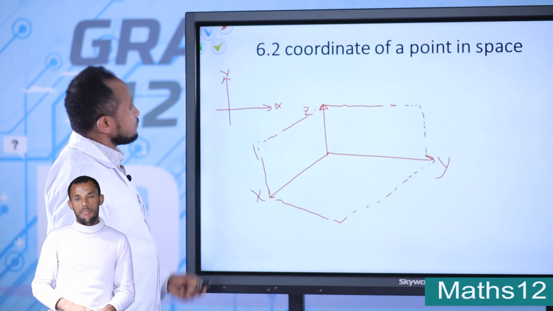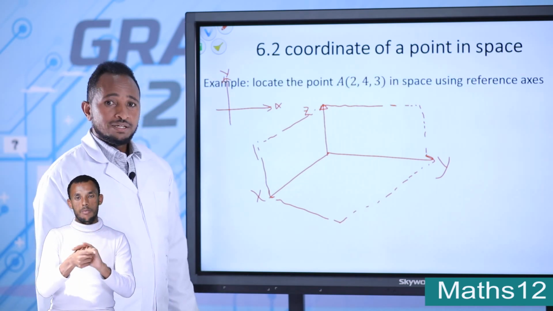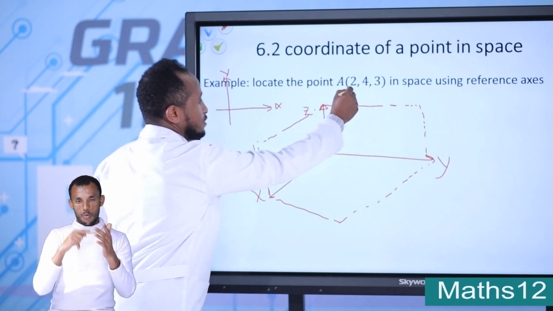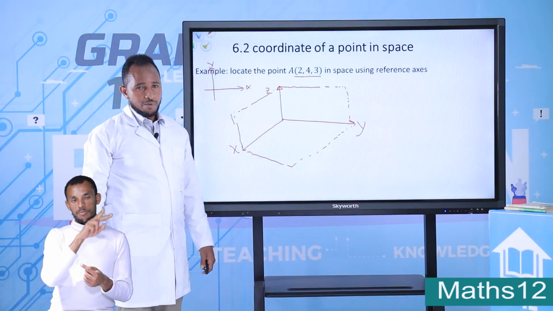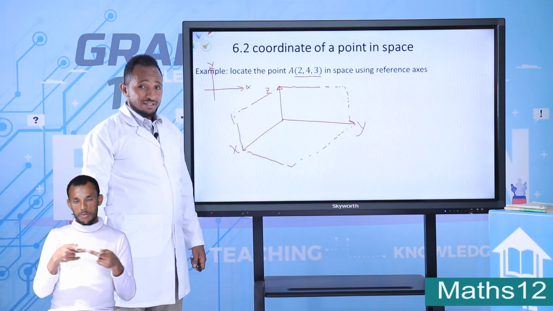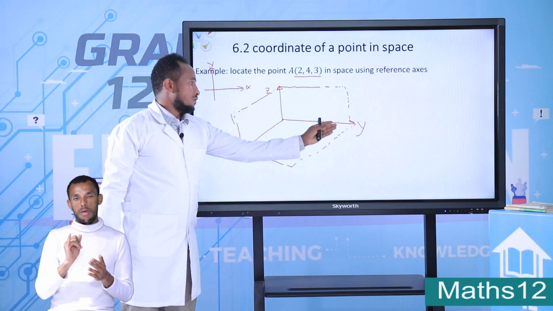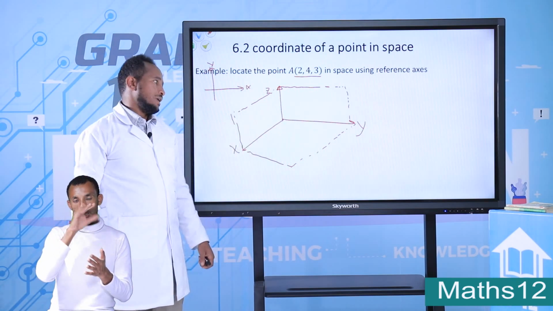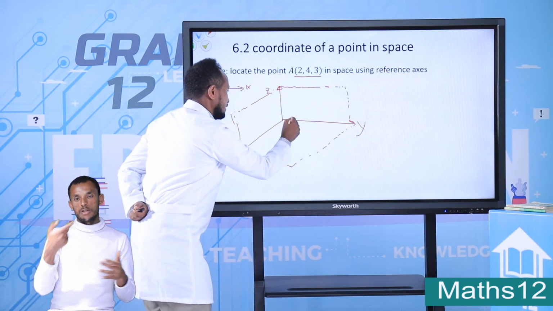Let's see an example. Let's try to locate the point 2, 4, 3 in this space. To locate this point, I need divisions on the y, x, and z axes. So let's divide the y axis.